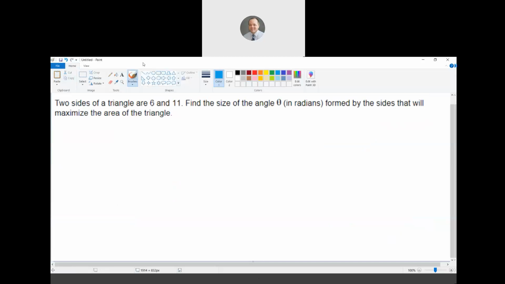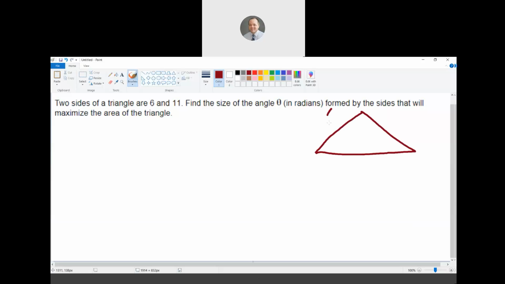Two sides of a triangle are 6 and 11. Find the size of the angle theta in radians formed by the sides that will maximize the area of the triangle. This is not a right triangle. It could be any type of triangle, and it's not drawn to scale.